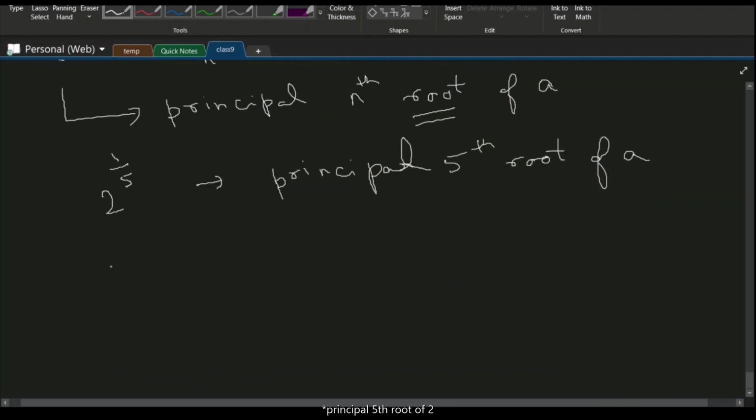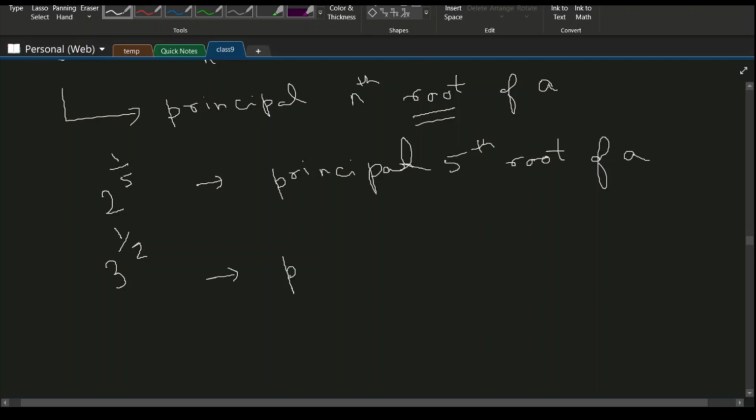Or if I write this, what do we call this? Anyone wants to take an attempt? How do we read this first? Principal second root of a. 3, yeah, the number base here is 3, correct.